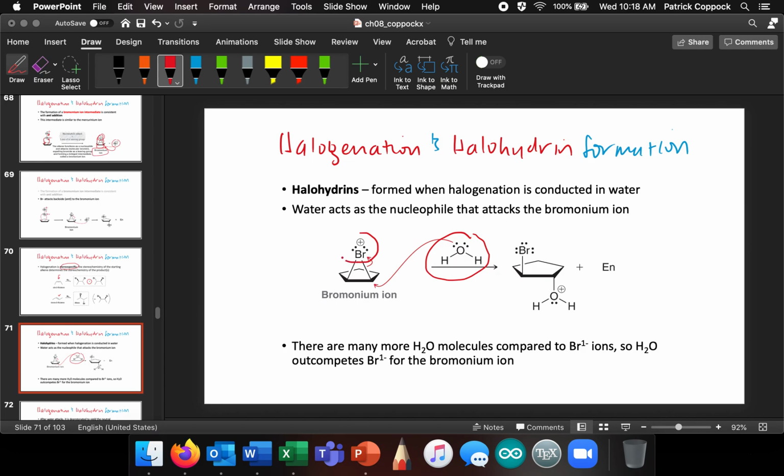Bromine is relatively electronegative, so it's pulling the electrons off of these. So you definitely have a big partial positive here and a big partial positive here, which makes this a good electrophile. So if you do this in water, you're going to get some attack by the water also. There are many more water molecules than there are bromide ions, so the water outcompetes for the bromonium ion.